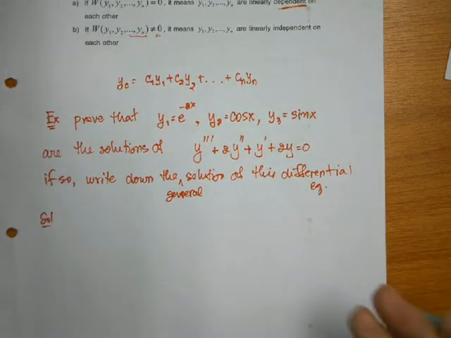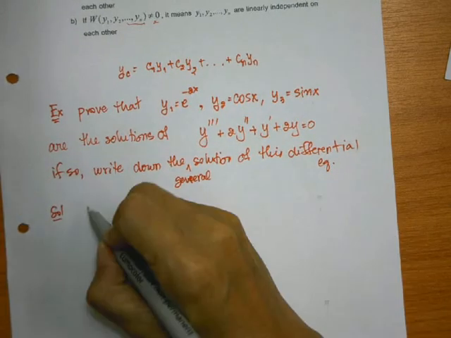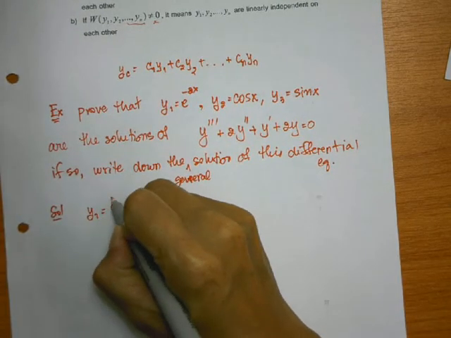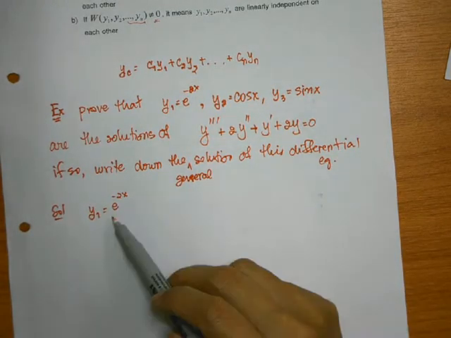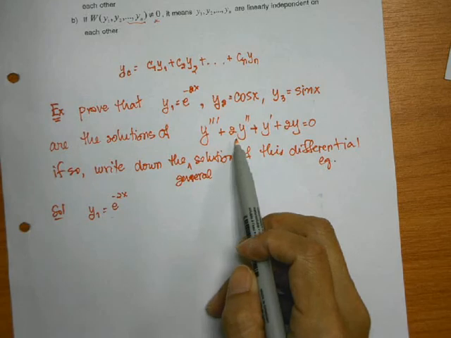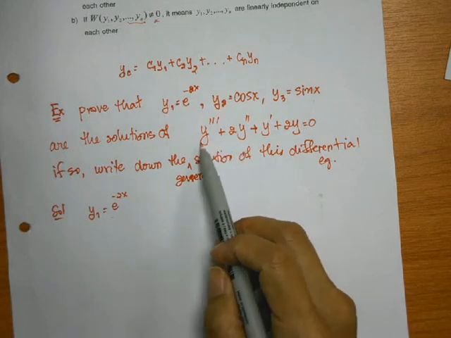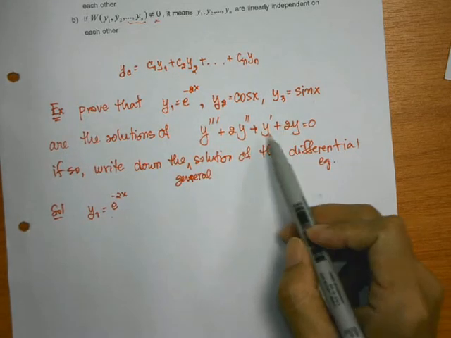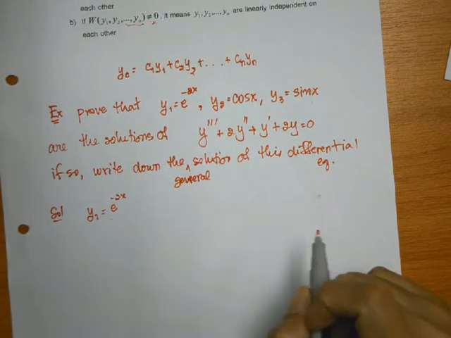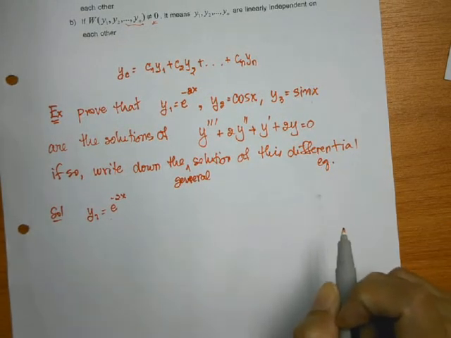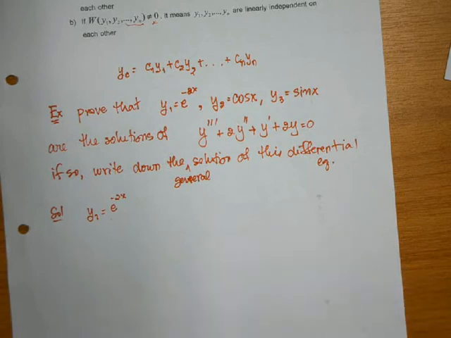We are going to prove whether y1 is the answer. The way that we do it is just to plug y1 into this equation. If you plug it in and it equals 0, that means y1 equals exponential of minus 2x is the answer of this differential equation, right?